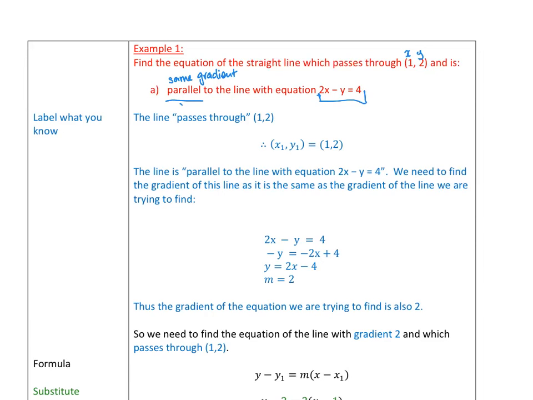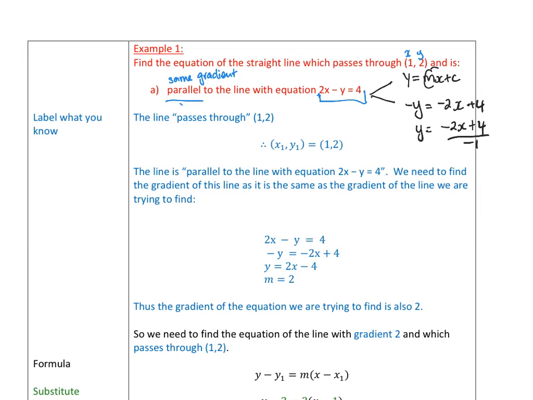Is that in gradient-intercept form? No. So you've got to rearrange it so that we can read off the gradient, yeah? So let's rearrange this one. I'd have -y equals -2x plus 4. Now we don't want the negative there. When you have a negative, I can divide all of that by -1, can't I?